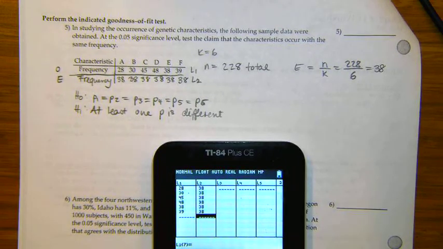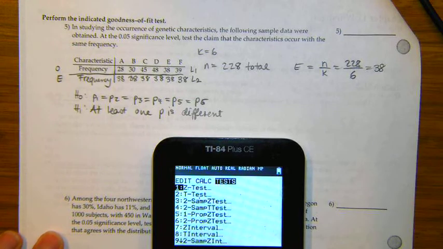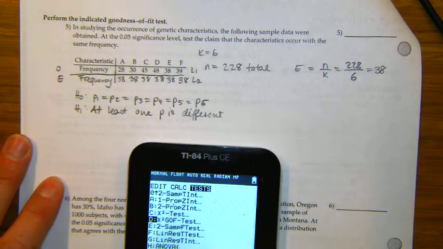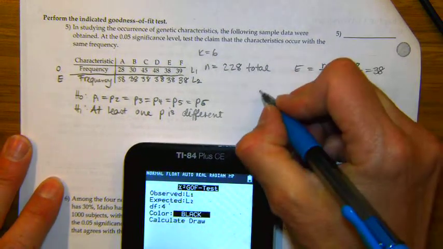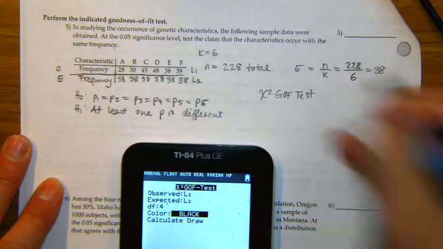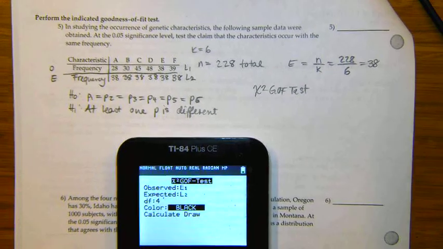Okay, we find our tests as usual under stat test. And now we're going to arrow up to the chi-square goodness of fit. So GOF stands for goodness of fit test. We're going to say our observed frequencies are in list 1. Our expected frequencies are in list 2.